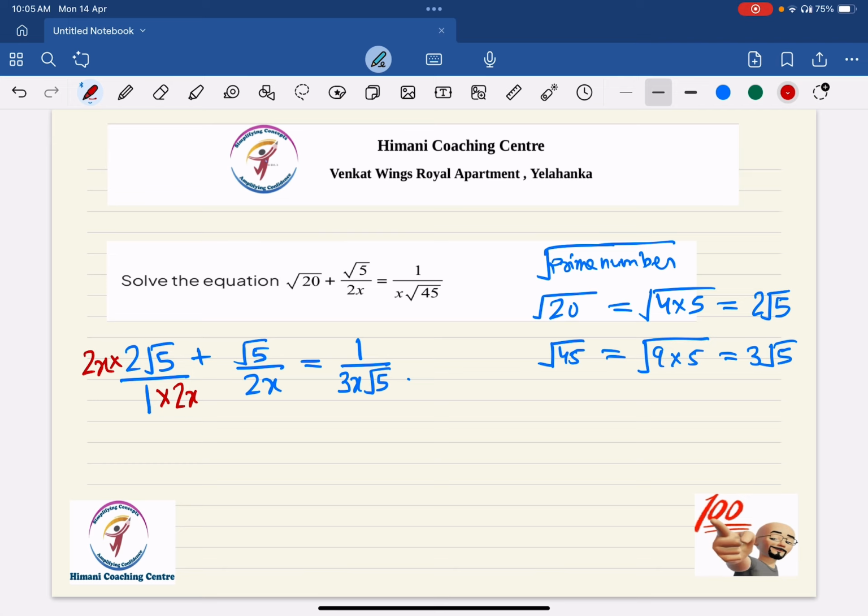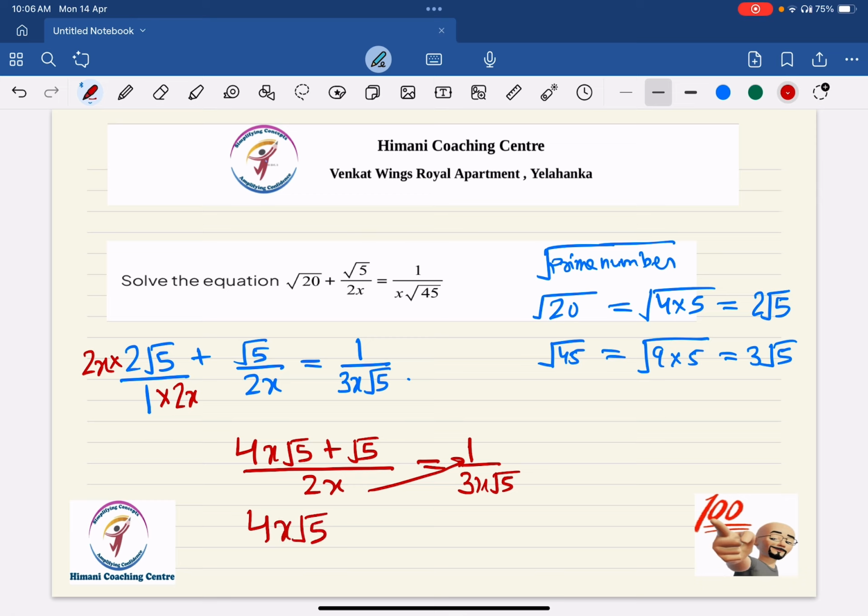So we are going to get 4x root 5 plus root 5 over 2x which is equal to 1 over 3x root 5. Now we can take 2x up, cross multiply, and we have 4x root 5 plus root 5 which is equal to 2x divided by 3x root 5.